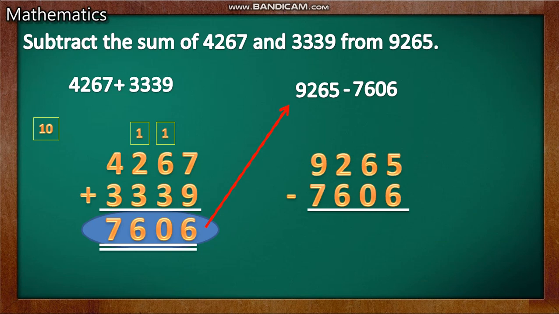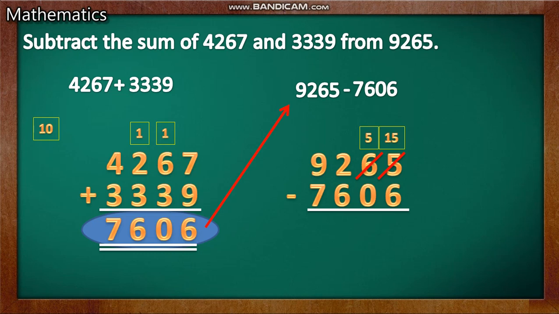Ready? Then 5 minus 6. This 5 is less than 6, so we can't subtract 6 from 5. Then we have to borrow 1 from this 6. So the 6 will change to 5 and that 5 will change to 15. Ready? Now 15 minus 6. 15 in your mind, 6 in your hand.